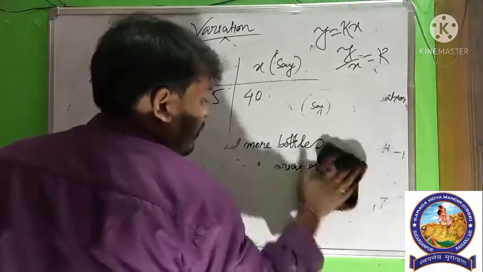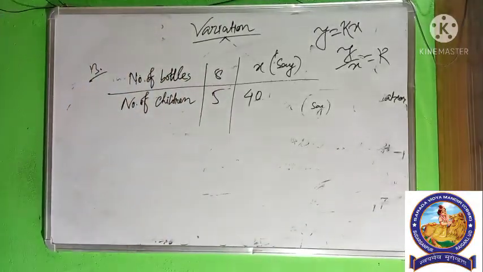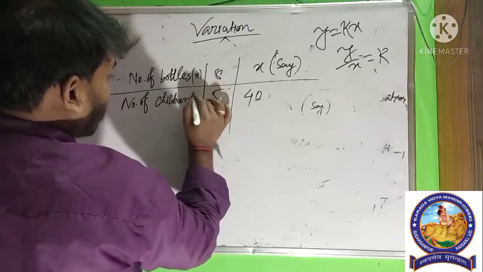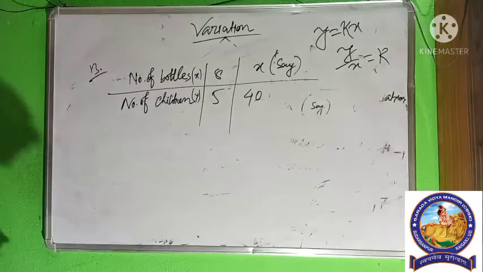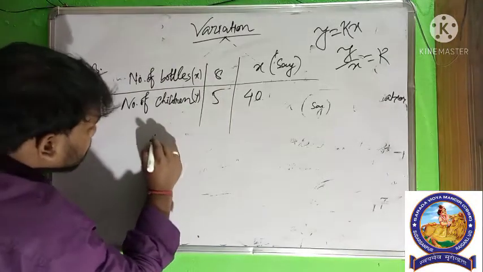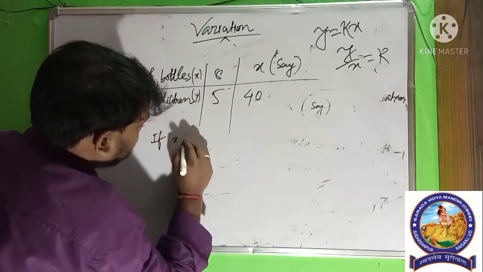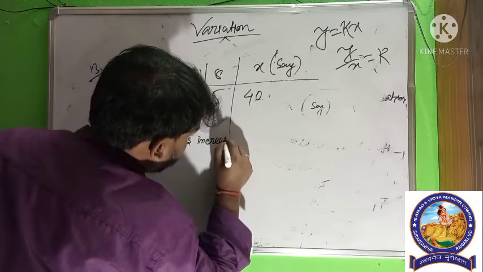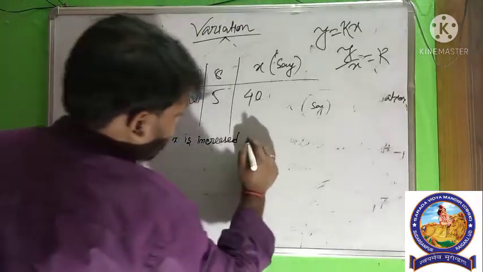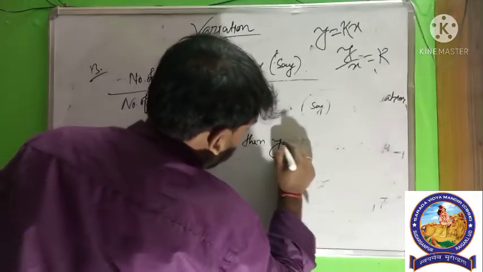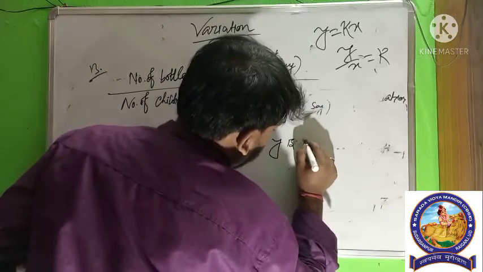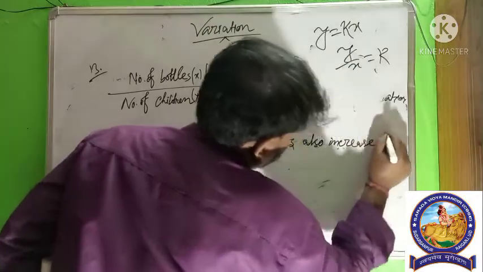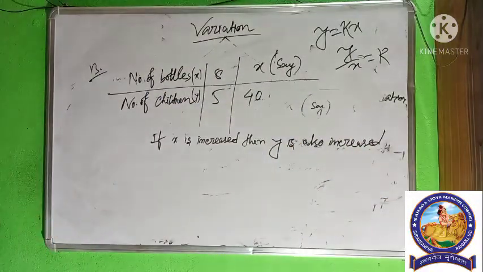Or you can solve in this way also, another possibility. One variable is x and another is y. If x increases, then y also increases. Or if y increases, then x also increases.